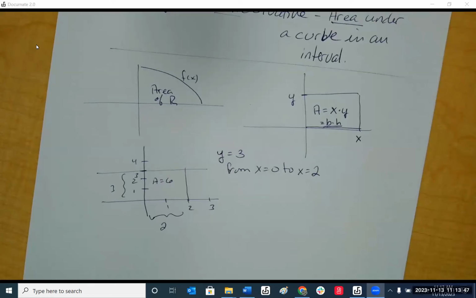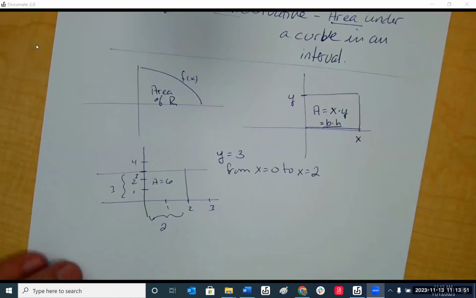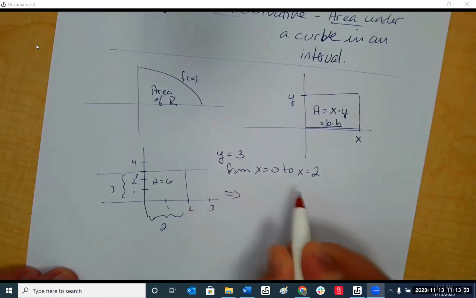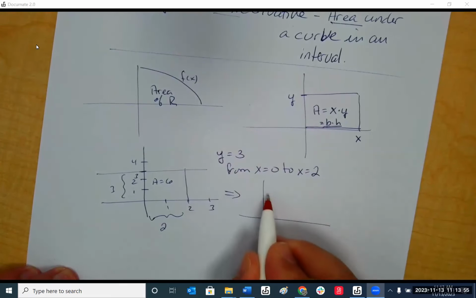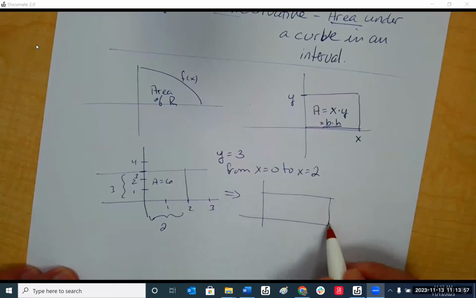Well, there's another way we could do it, which is in parts. We could have broken it down into two separate ones.